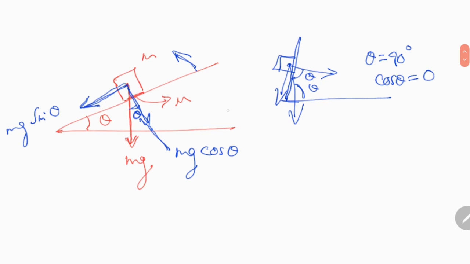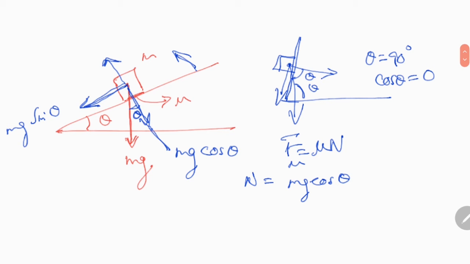Now let us apply what we learnt in our last class. What we learnt is that the frictional force is equal to mu n. Now what is the normal reaction? Obviously the normal reaction will be in this direction, correct? And we see that the normal reaction in this case is n equal to mg cos theta.